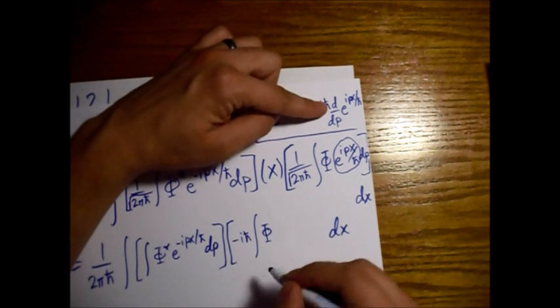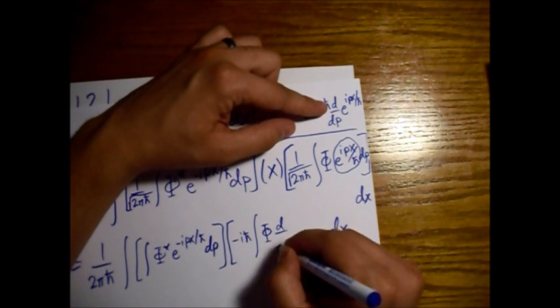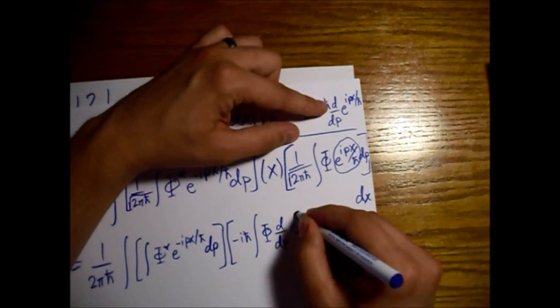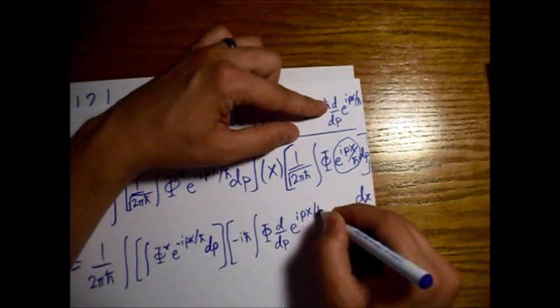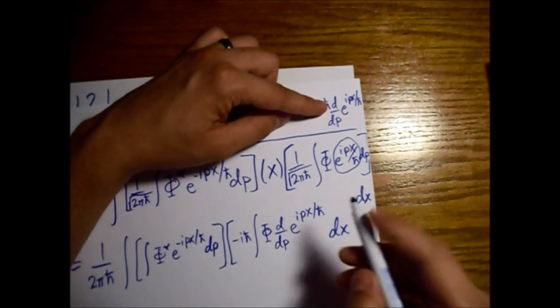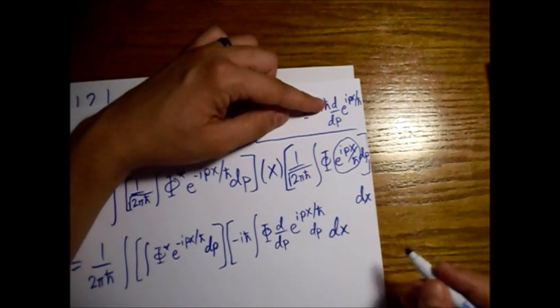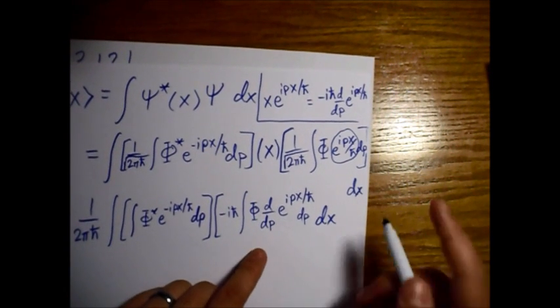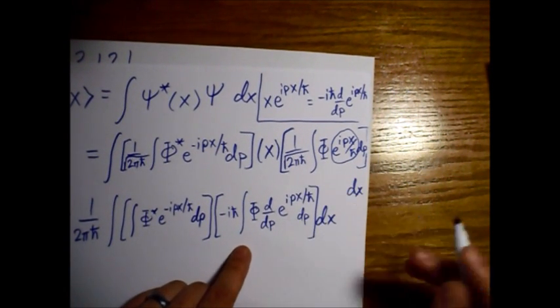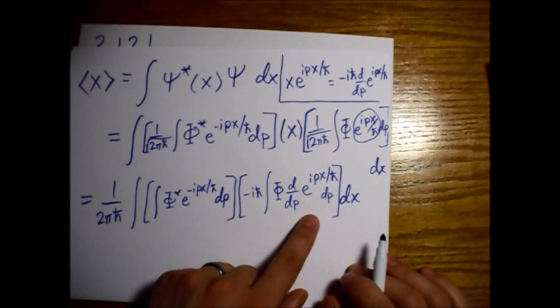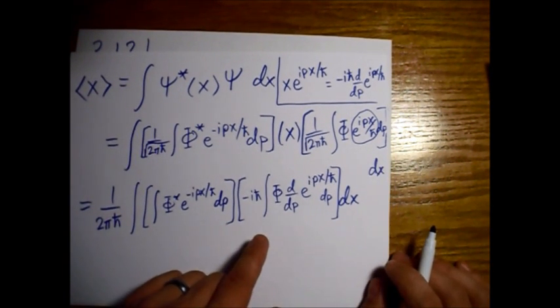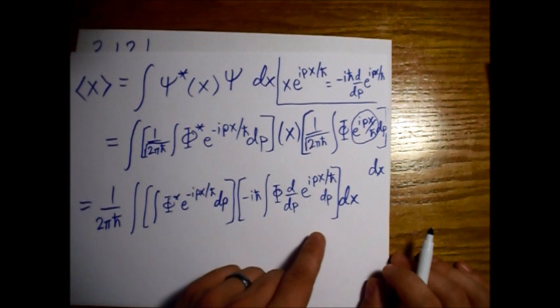Okay, I brought out this minus i h bar. I'm just kind of stumbling around here. Okay, I think I've written it all. So I need my other parentheses or bracket. Here we go. Okay, I think we're good.